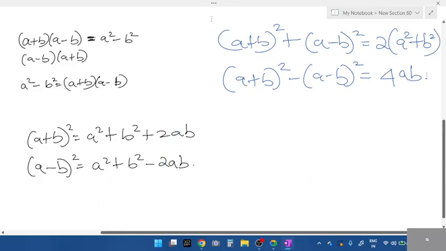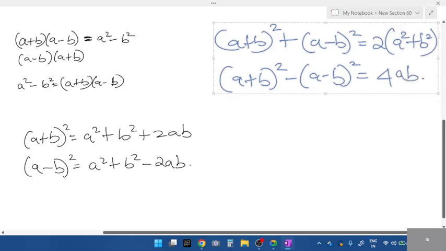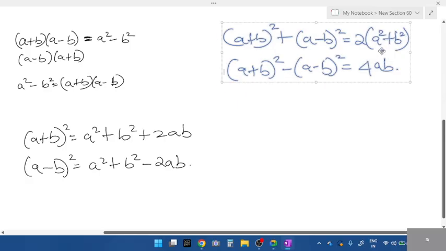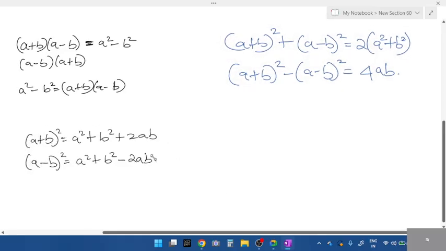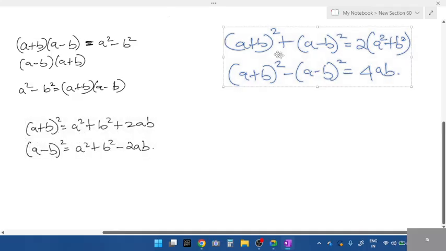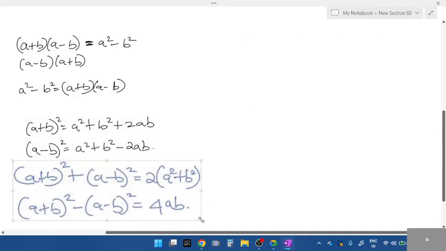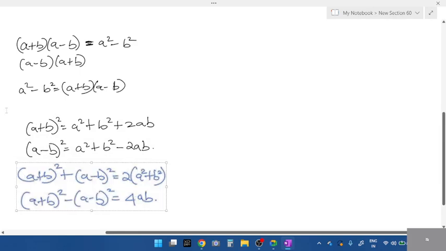Now you all can write. When I'm teaching, don't write. When I'm teaching, all of you should listen. Only then you'll understand the concept. Make a note of these formulas. Write this together. These four are one formula group.